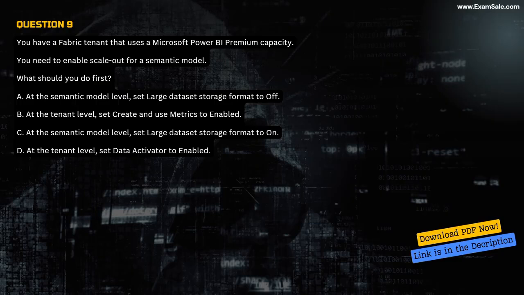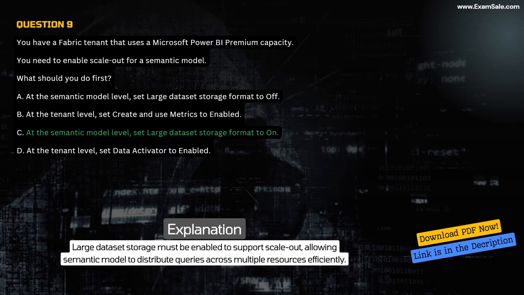D. At the tenant level, set data activator to enabled. Correct answer C. At the semantic model level, set large dataset storage format to on. Explanation. Large dataset storage must be enabled to support scale-out, allowing the semantic model to distribute queries across multiple resources efficiently.